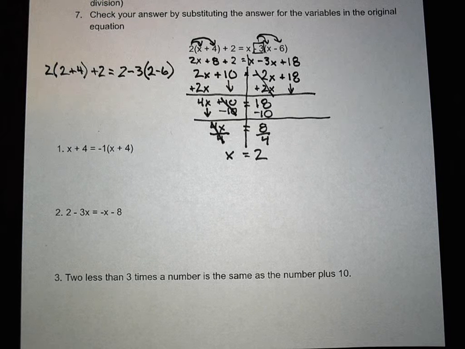Wait, what did you say? x plus 4 is equal to negative x plus negative times negative 4, positive 4. So move your negative x over, and negative 4, you just do minus 4. You gotta put some more. x plus what? 4?